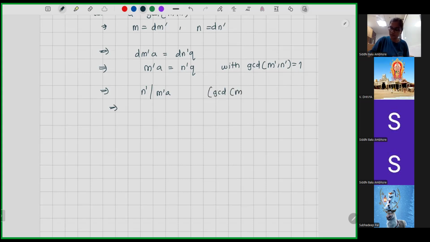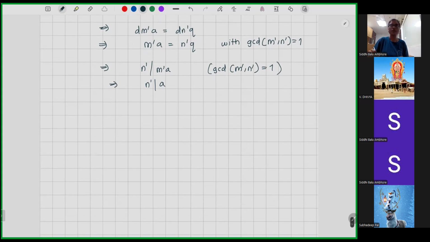GCD of M dash and N dash is equal to 1. So this implies that N dash divides actually this A. So this implies that this A bar must belong to this ideal generated by N dash.